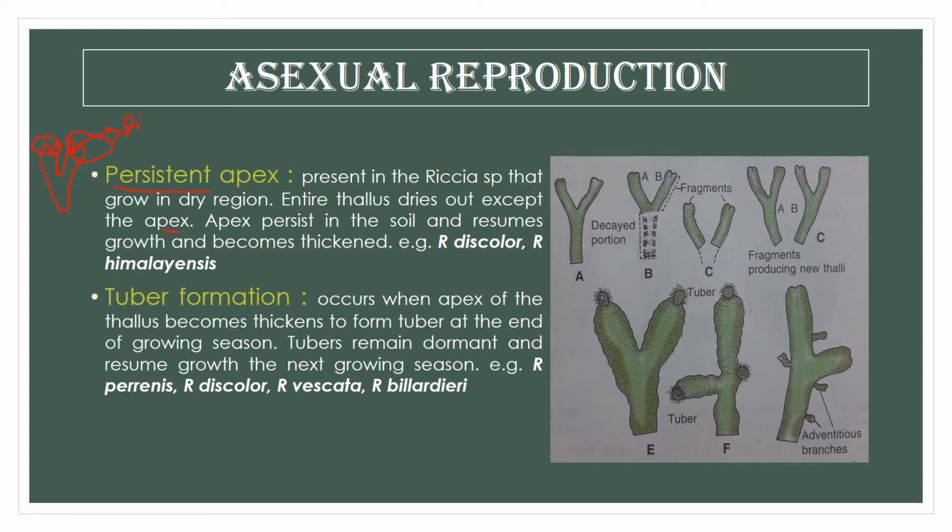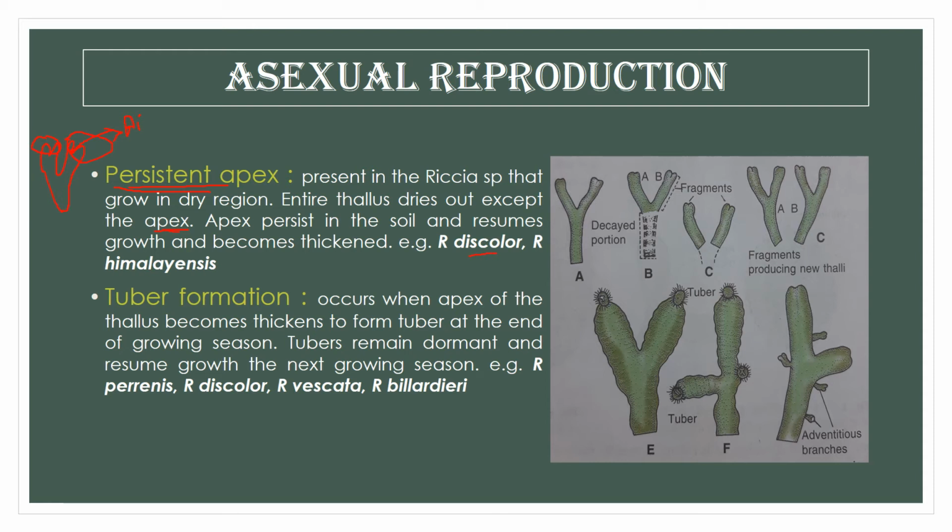On return of moisture, or the rainy season, the dormancy ends and it starts growing into a new thallus. So in the persistent apex, the entire thallus dies, leaving only the apical region, which remains dormant, or perennating, and only grows on return of favorable conditions.